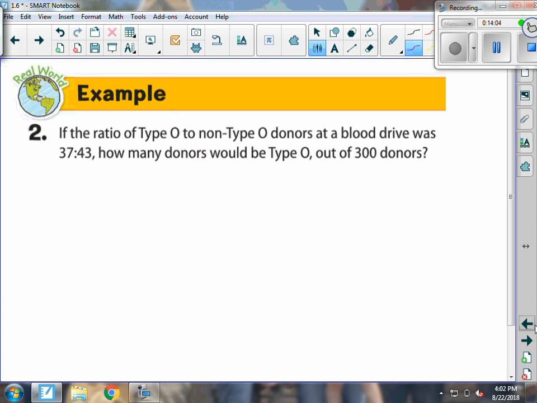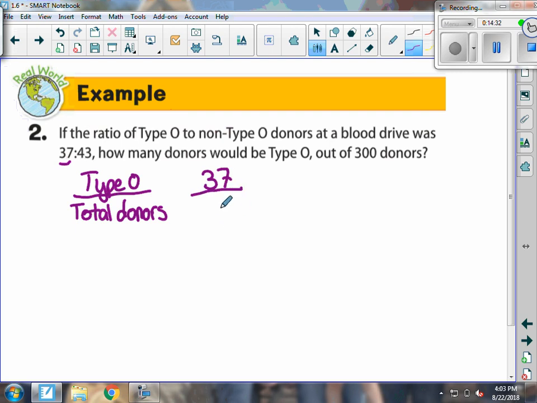Okay, we're going to set up our fractions. So our ratio is type O out of 300. Our ratio is going to be type O over the total number of donors. So for here, type O to non-type O, this is 37 had type O. So what do I put on the bottom?